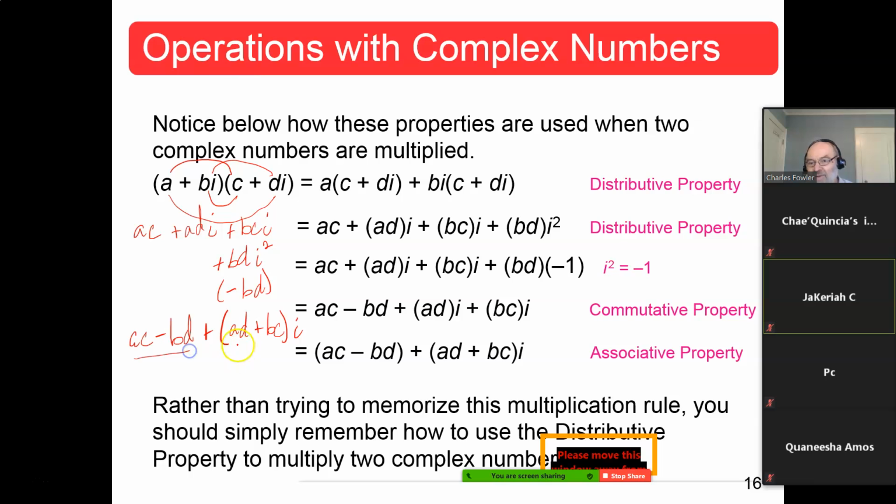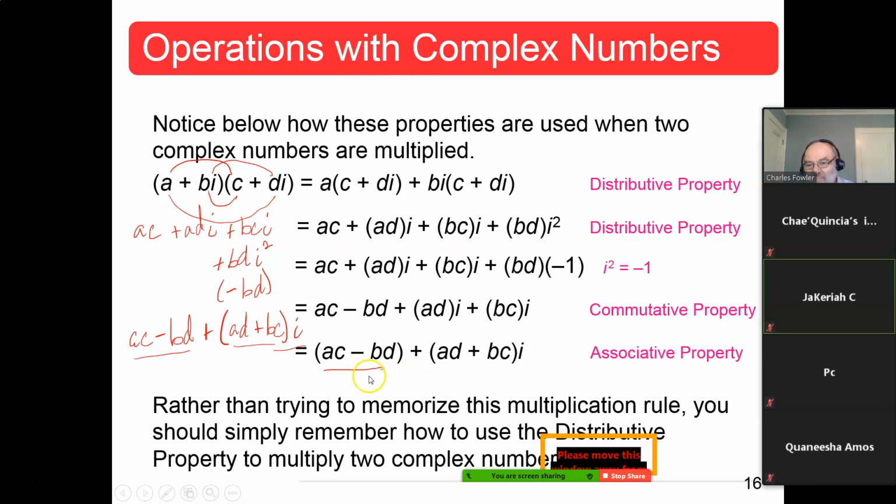There's your real part, there's your imaginary part. Okay? And that's exactly what they get here. They do a lot more steps than we did, but AC minus BD is the real part, AD plus BC times I is the imaginary part. And you use those properties, associative, commutative, distributive, and the fact that I squared is equal to negative 1.